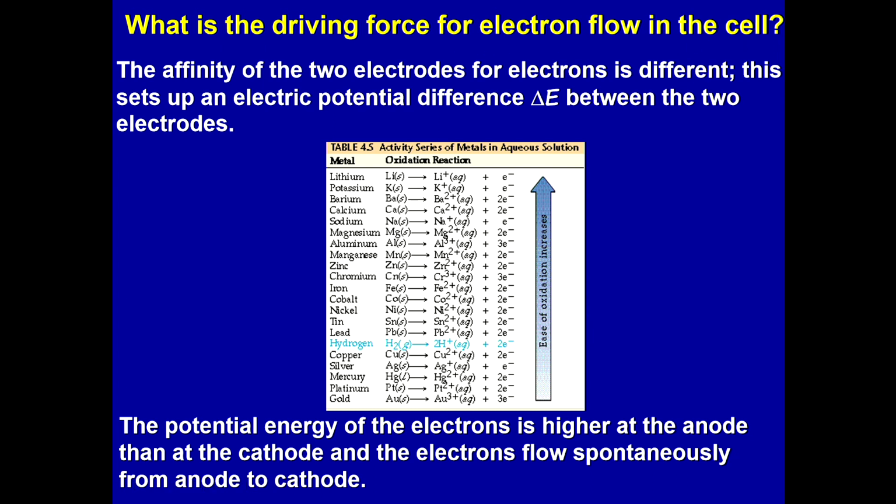This means why the electrons can move from one reactant to another reactant, or why the reaction can happen. Basically, it's the affinity. The affinity of two electrodes for electrons is different.